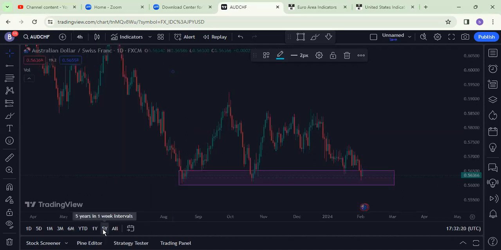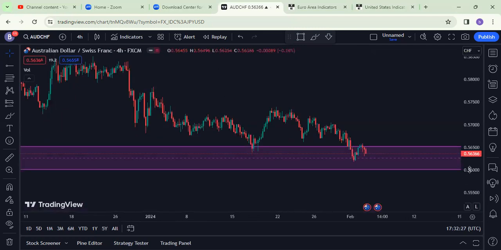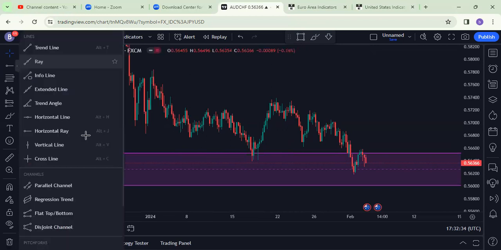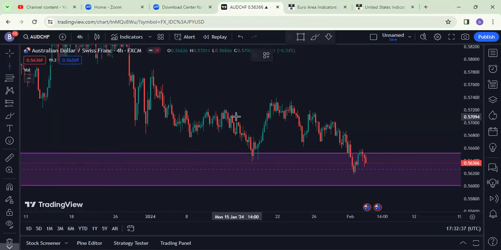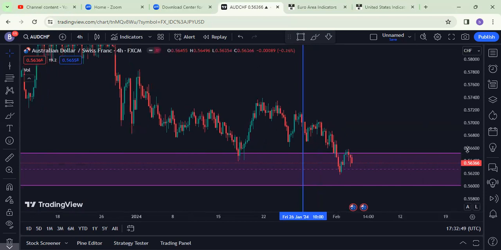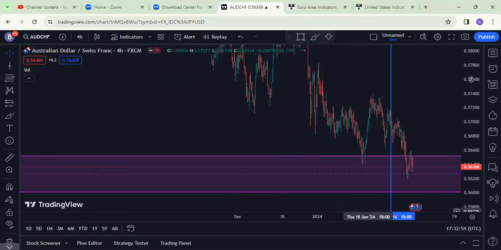So this is what happened then when the market came in on the 26th. This is what happens when the market gets here on the 26th of January, right? Okay, good. So this is how I looked at this chart, right?